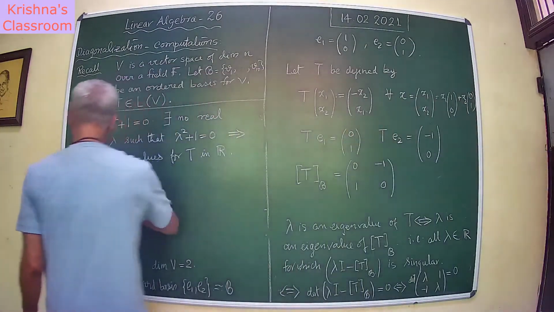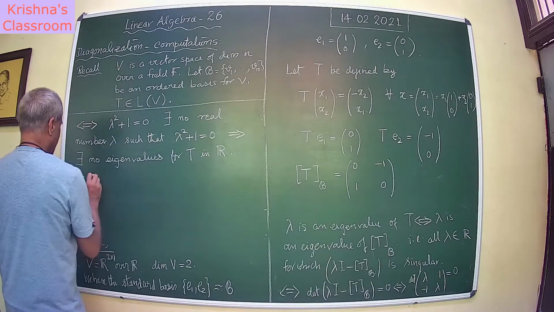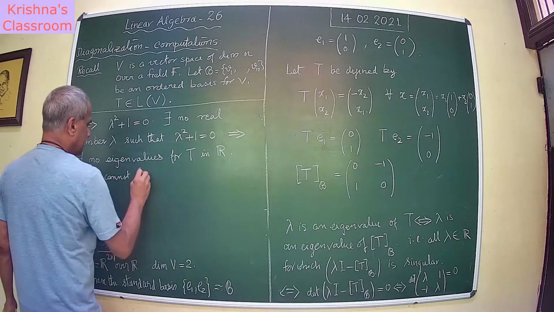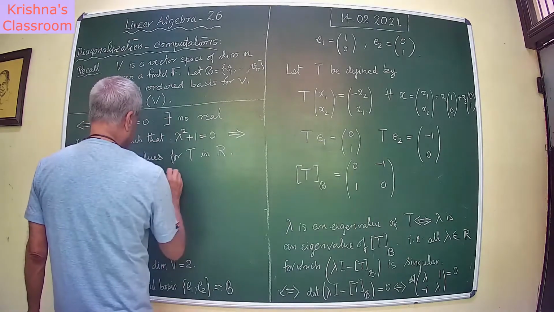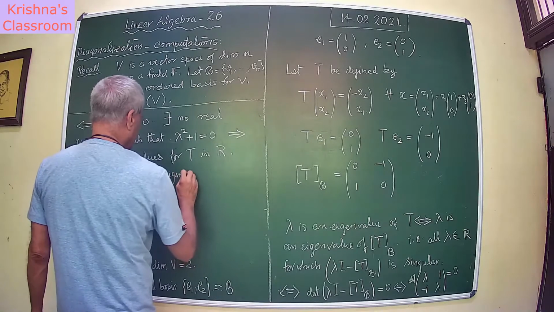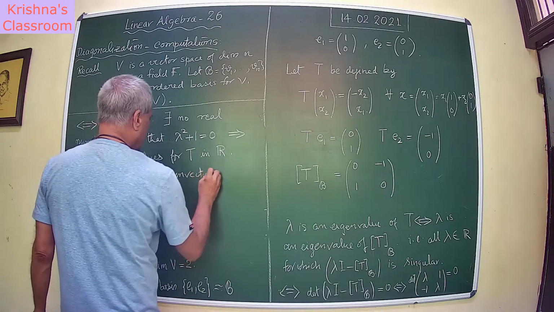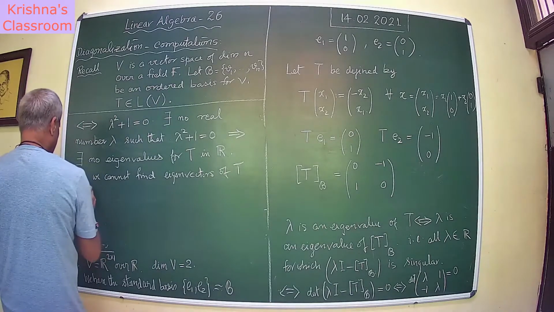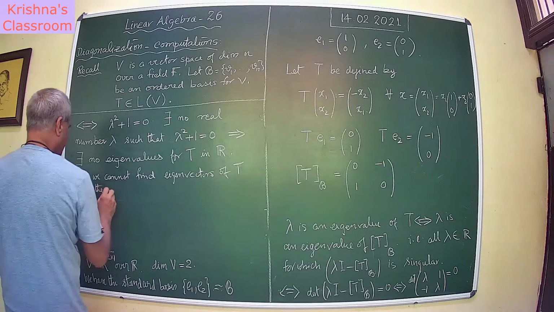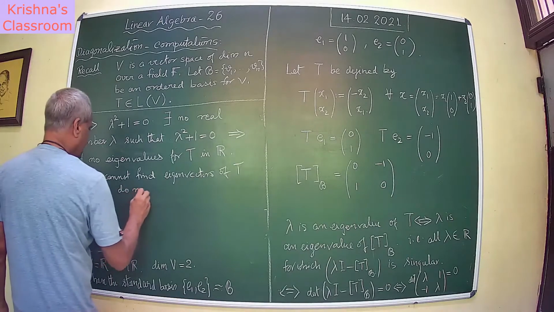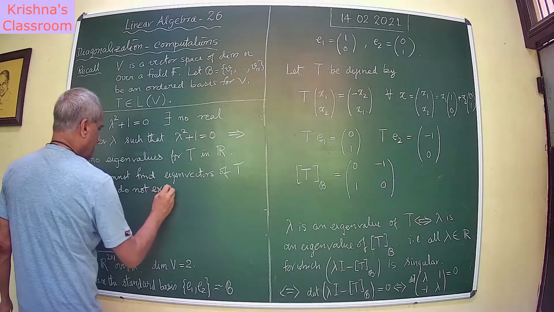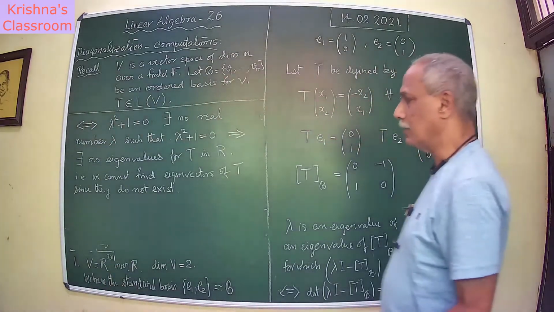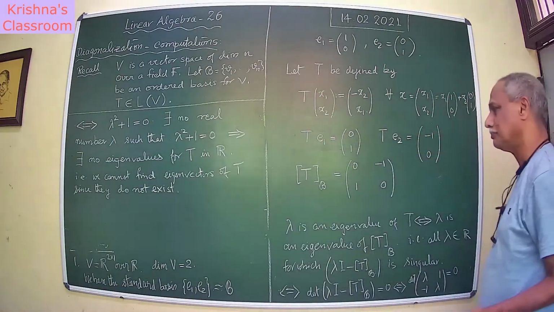That is, we cannot find eigenvectors of T since they do not exist. So there are no eigenvalues at all for this problem. Okay.